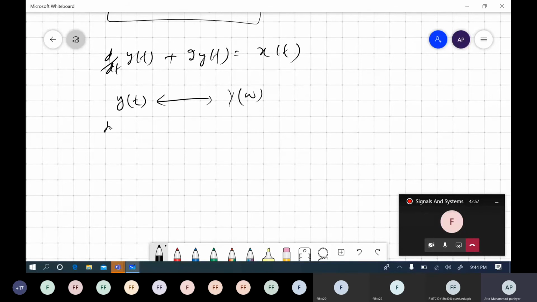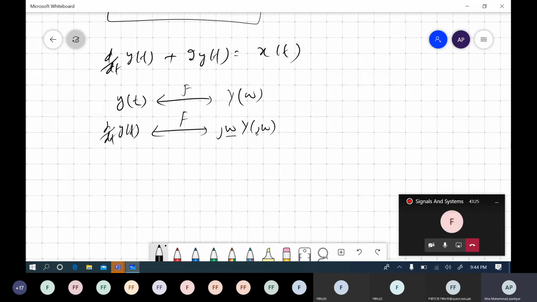Then dy by dt must be equal to, if you remember, j omega Y of j omega, right? We proved this property: if you differentiate a signal, its amplitude is multiplied by omega times j.